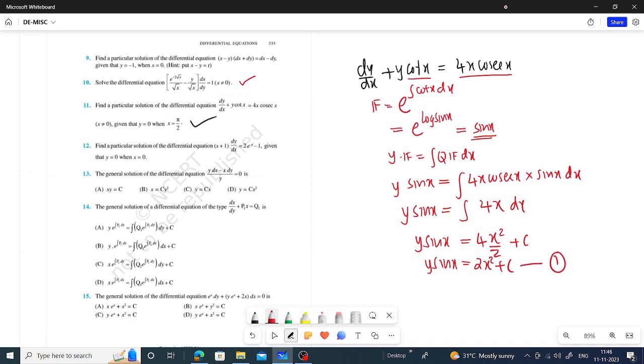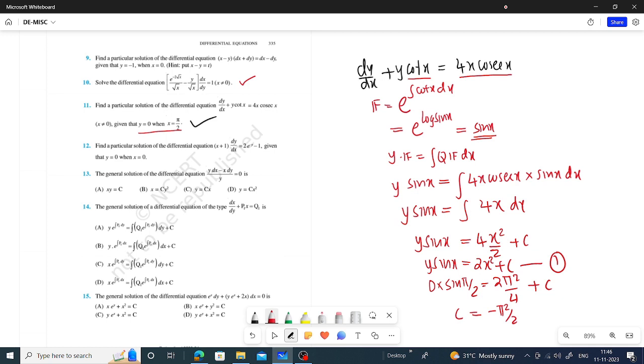Now we have to substitute the values. y is equal to 0 when x is equal to pi by 2. So sin pi by 2 is 1, and 2 pi square by 4, because x is to be substituted by pi by 2. Pi by 2 square is pi square by 4, plus c. So this becomes 0. c is equal to minus pi square by 2.